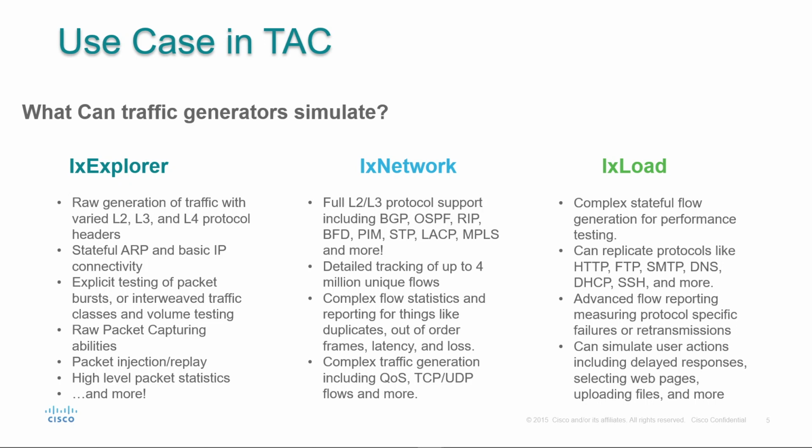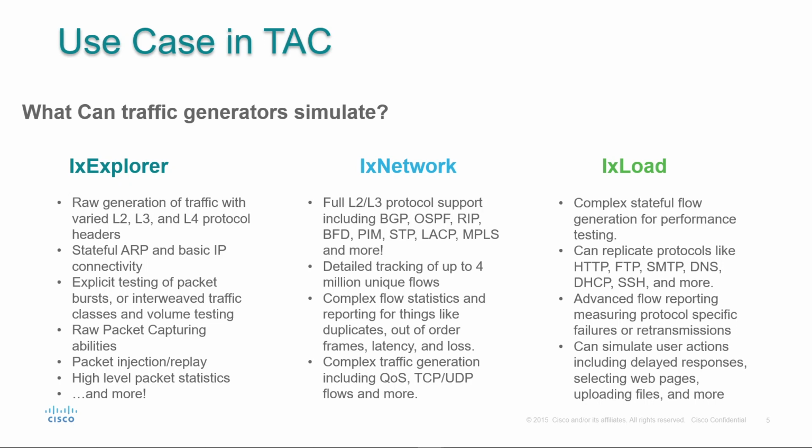They're stateful, they know what's going on, but we could also test some of our protocols like HTTP, FTP, DNS, etc. So very powerful when it comes to simulating users, whereas IX Network is maybe powerful for simulating other network devices. But overall, each one of these applications, as you could tell, has some very specific use cases, and the videos that follow will look at some of the use cases for every single one of them.